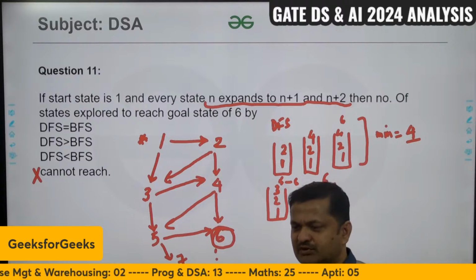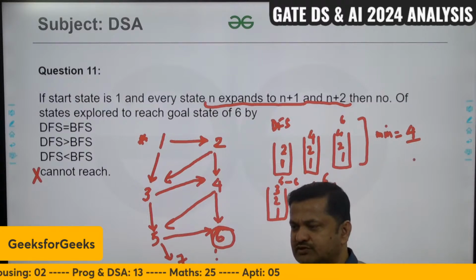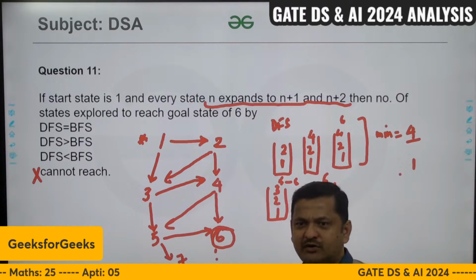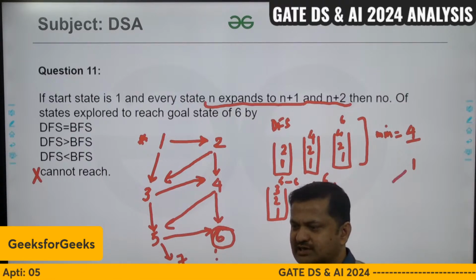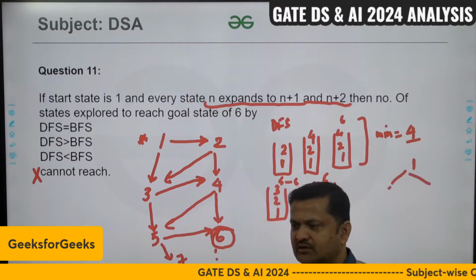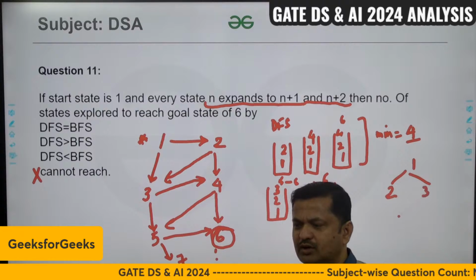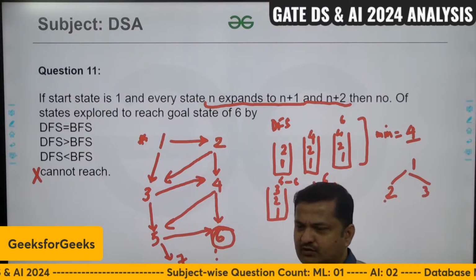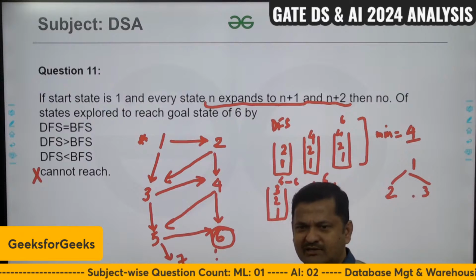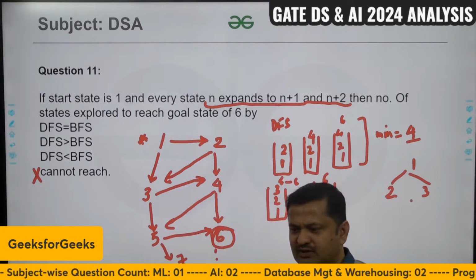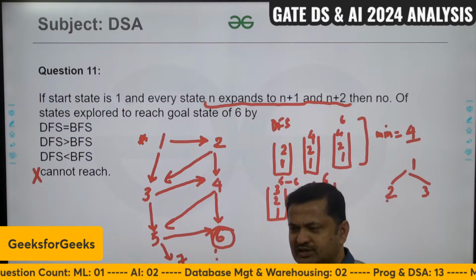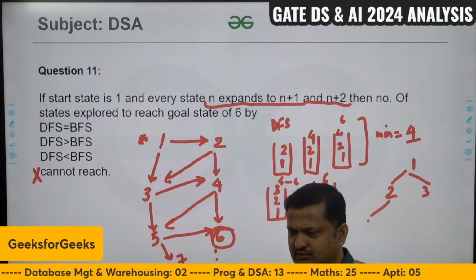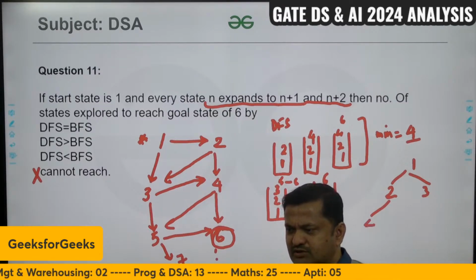Now let's explore the BFS possibility. We start with 1, then we visit each and every adjacent node in the next level. So in the next level, 2 and 3 are visited. Then in the further visit, we can start with either 2 or 3, because they are at the same level. Let's say I start with 2. From 2 there is a visit to 4 only, because 3 is already explored.